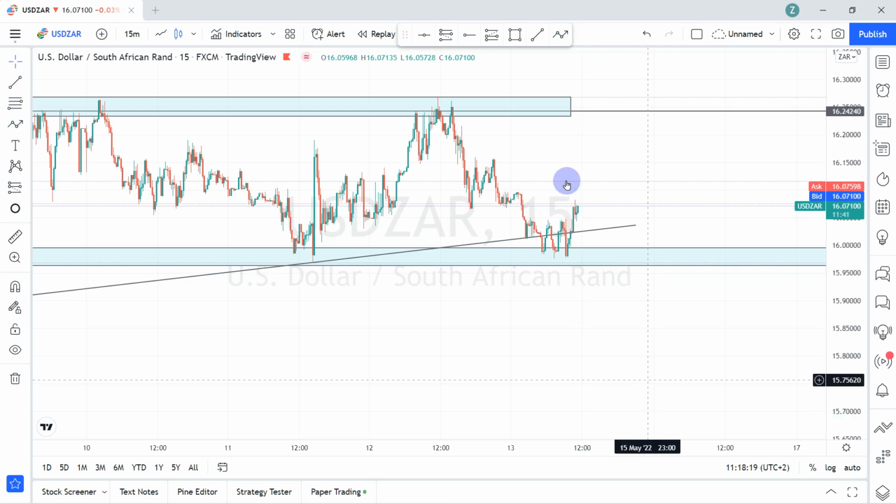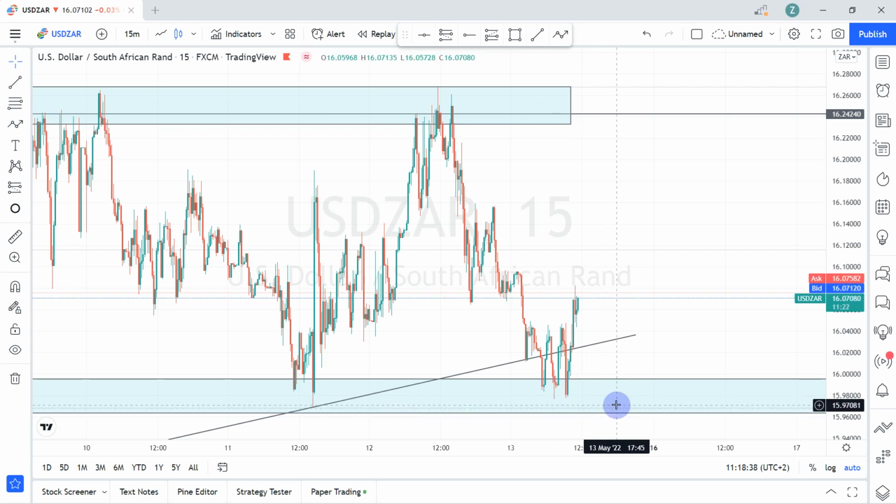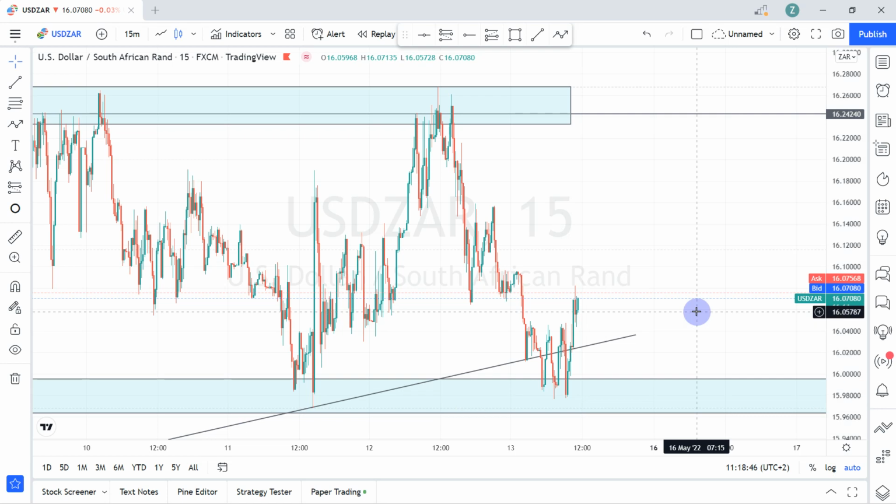If the market sells, it would either give us a continuation pattern, which might be a double top of this zone, or head and shoulders, or any type of continuation pattern, for us to confirm our sell setup.